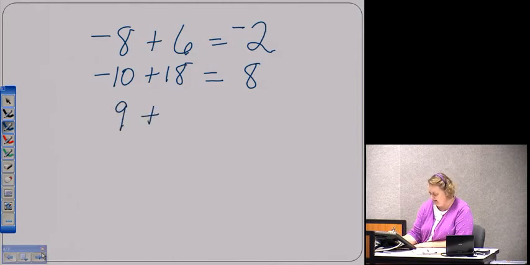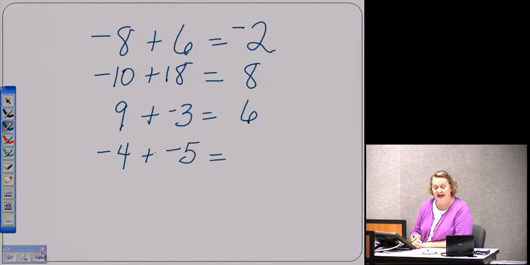9 plus a negative 3. The signs are different. Subtract the numbers. Keep the sign of the stronger number. Negative 4 plus a negative 5. The signs are the same. Add the numbers. Keep the sign of the stronger number.